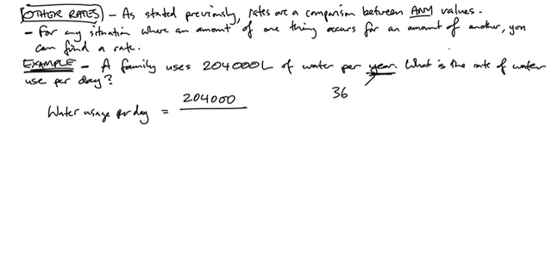Well, a normal year has 365 days, so it's going to be 204,000 divided by 365. It's going to be 558.9 litres per day, or litres day^-1, to 1 decimal place.